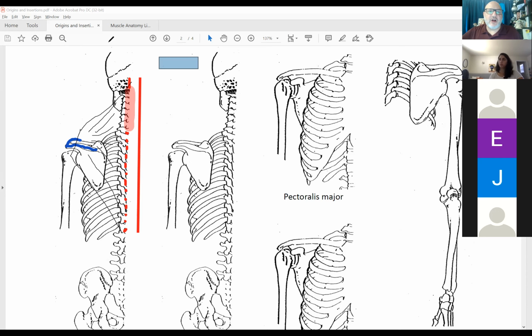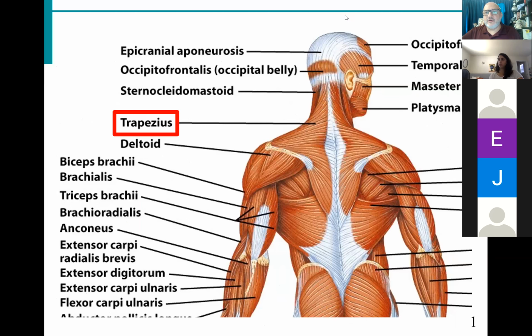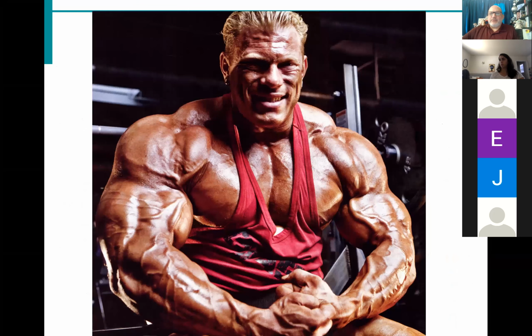As we mentioned, our pictures do a decent job of showing this. Notice now that we know what we're looking for, we can see how some of the fascicles from the superior part of our trapezius disappear because they're going onto the anterior part of the body. But it might not be as noticeable when you're feeling it on yourself, unless you happen to look like this fellow here.